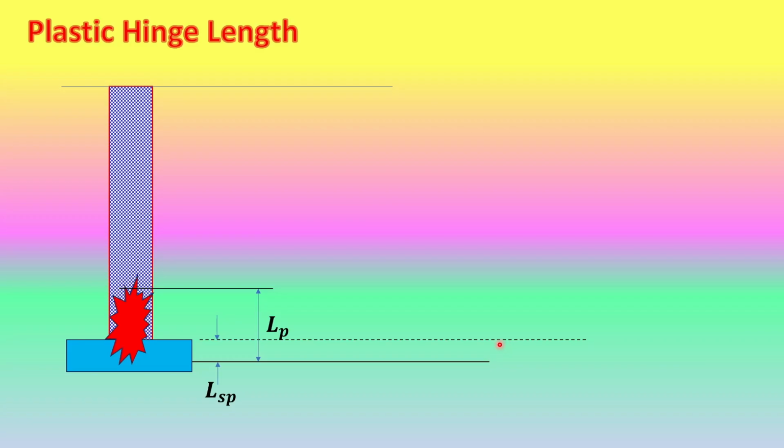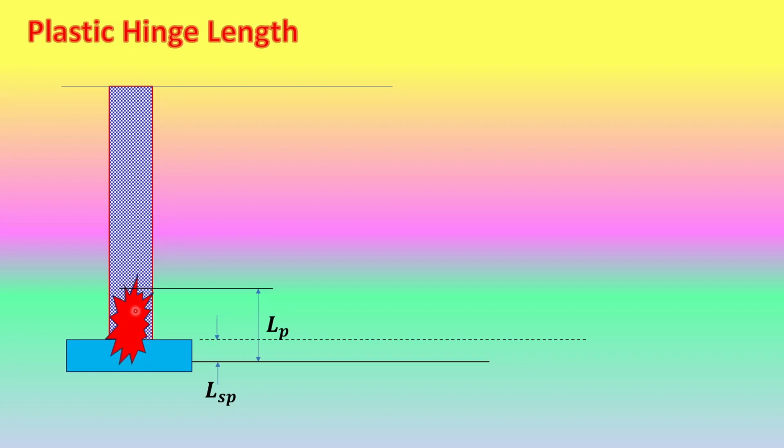Now plastic hinge length is one concept, because distributed plasticity is the real plasticity having a definite length. Here we have considered a column which has developed a plastic hinge at the bottom, because at the bottom the bending moment is maximum. This red zone is the plastic zone. This red zone also penetrates to a distance into the foundation below.